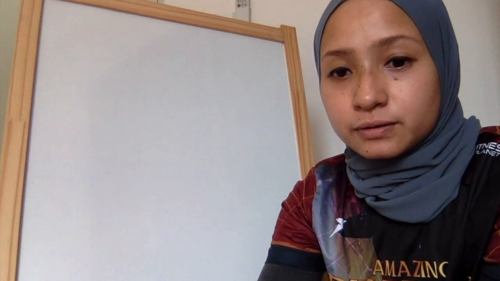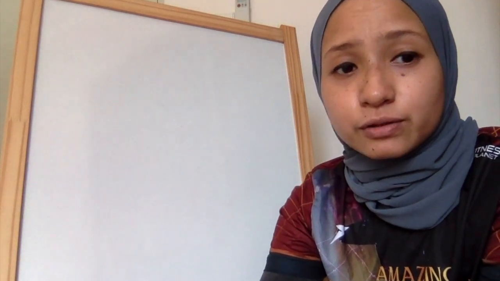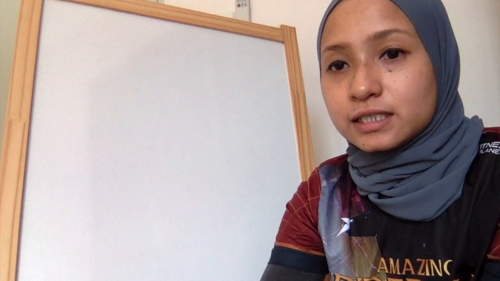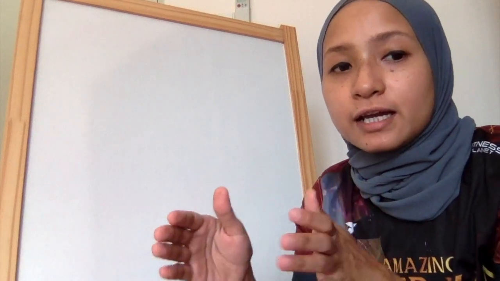As introduction, you can refer to slide number 2. Mapping finite length in time domain to finite length frequency domain. So basically in chapter 5 you are going to learn on mapping the finite length in time domain.